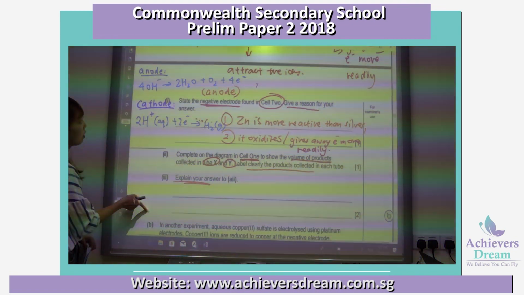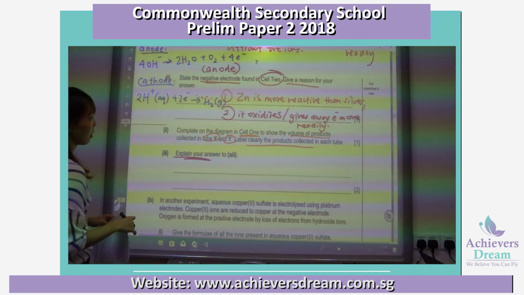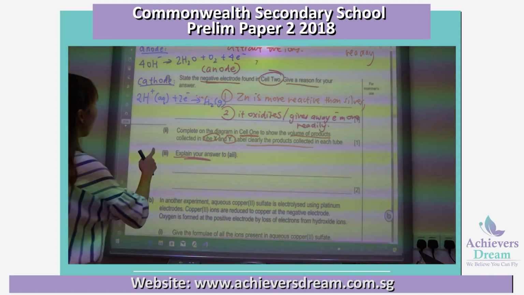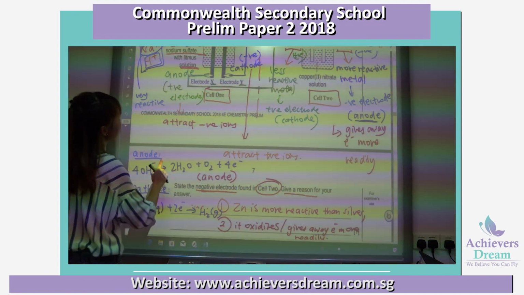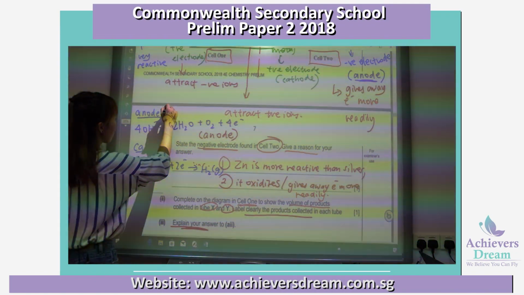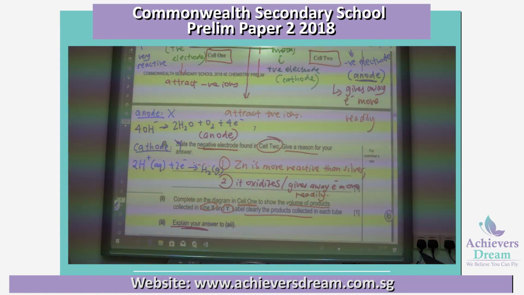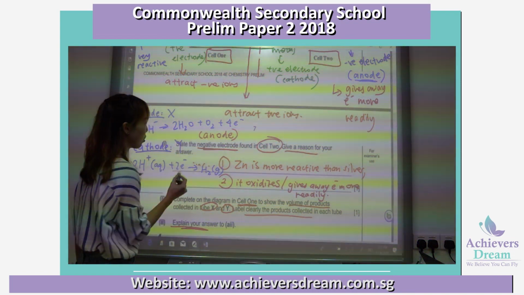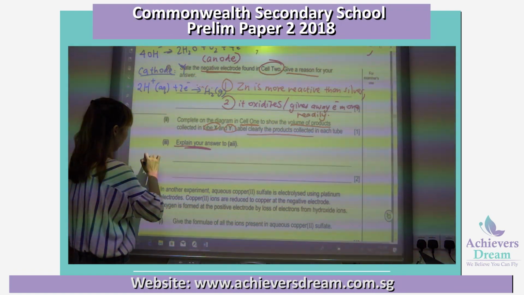Then now, let's see. Show the volume of products collected in tube X and Y. Your electrode X is my anode, right? So this is X, this is Y. Now the next step I need to do is to balance out my electrons, the number of moles of electrons. So let me write here again.